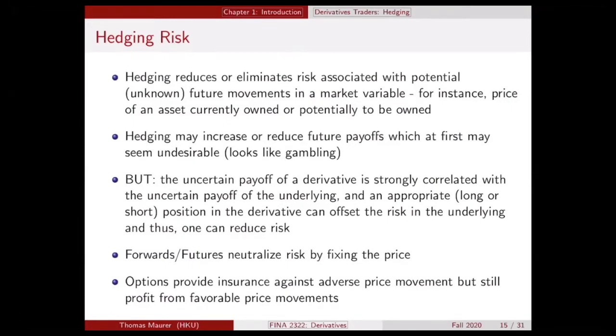Going back to that forward contract at the very beginning of this class, where the corporation needs £1 million. If they didn't have the forward contract, then if the pound appreciates, it means it will be more expensive for them to obtain the pounds. If the pound depreciates, it means they have to pay less for the pound.